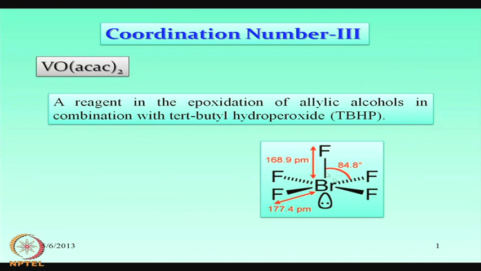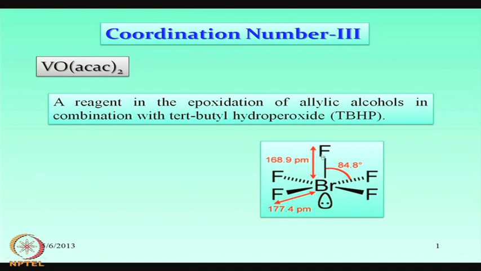So, what we see in the case of the BrF5 molecule, which has a similar geometry to that of this vanadium complex, is also square pyramidal in geometry. When this fluorine is present as the axial ligand, we have a bond angle close to 90 degrees, but it is a little bit deviated, which is 84.8 degrees.